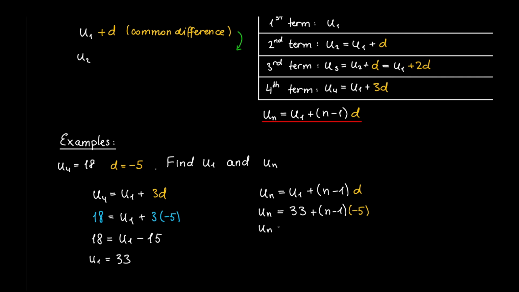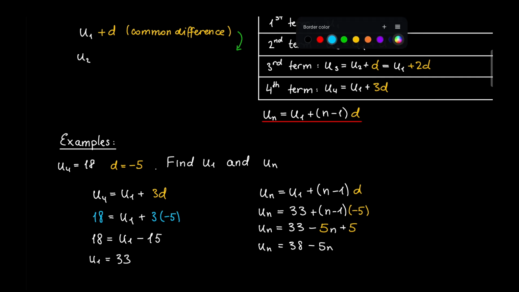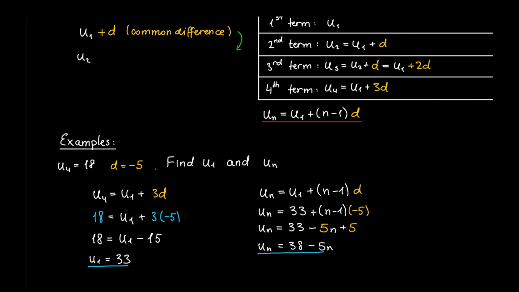And then what I can do is open the parentheses here. And finally, we get that un is equal to 38 minus 5n. So here we have successfully found the first term and the general term.